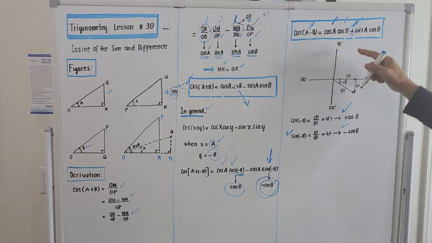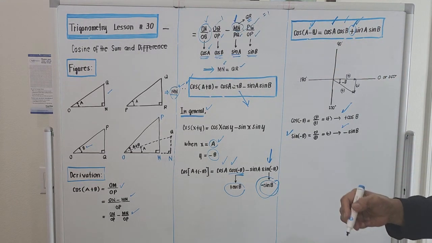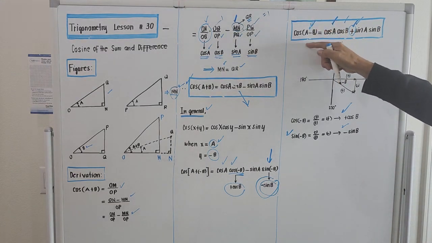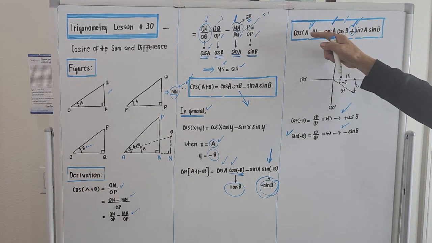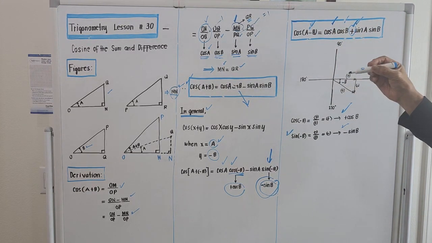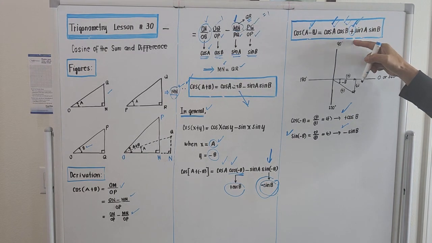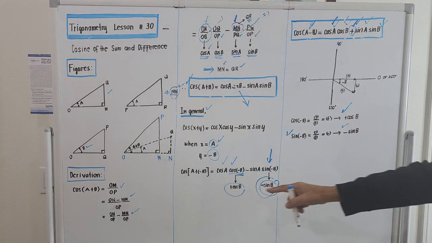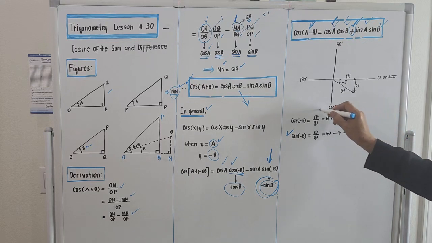So the second formula on how to take the cosine of a difference: the cosine of the difference a minus b will be cosine cosine, sine sine. If this is minus, this should be plus. So in general now, this should be cosine of angle A, cosine of angle B, plus sine of angle A, sine of angle B. And this plus cosine of B and minus sine of B actually emanates from this one.